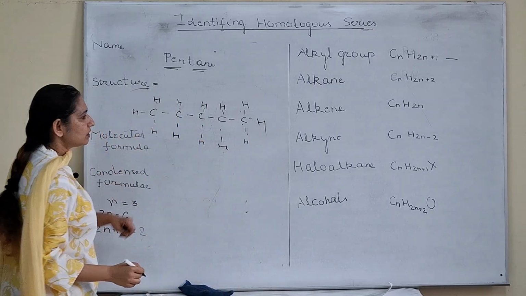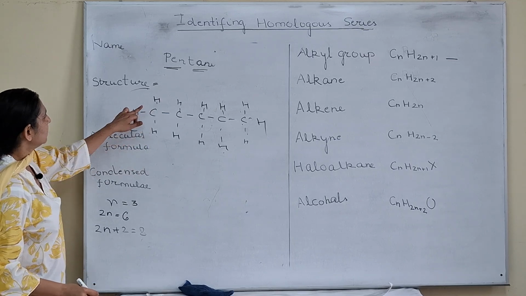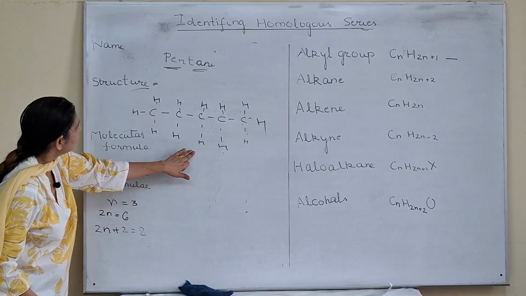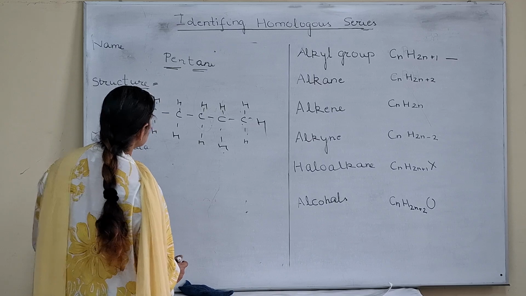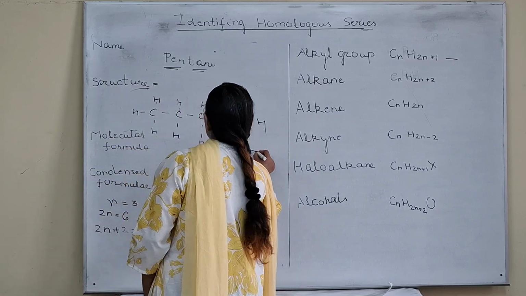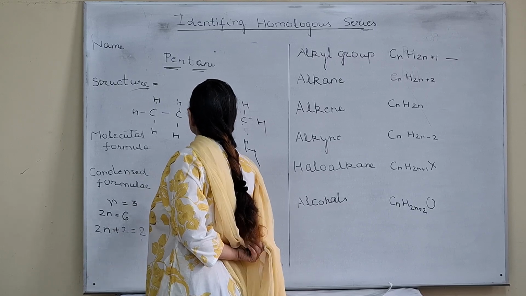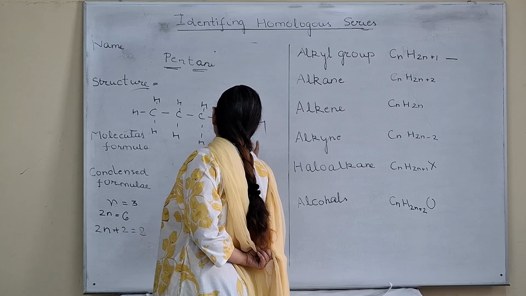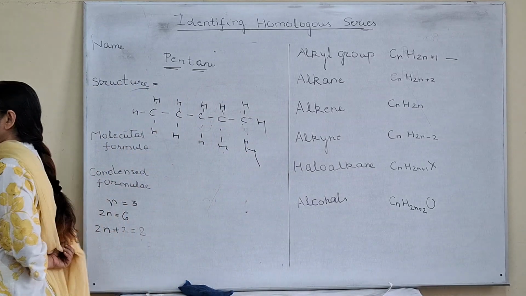So how many hydrogen atoms were we using? 1, 2, 3, 4, 5, 6, 7, 8, 9, 10. Somewhere hydrogens are missing. 1, 2, 3, 4, 5, 6, 7, 8, 9, 10, 11, 12. So you have 12 hydrogens.